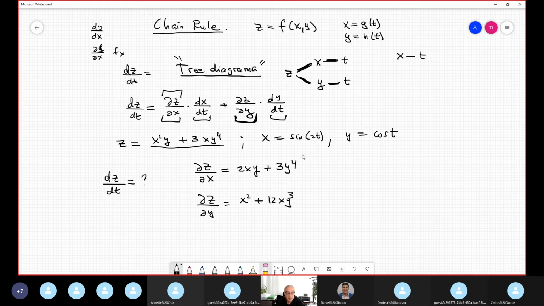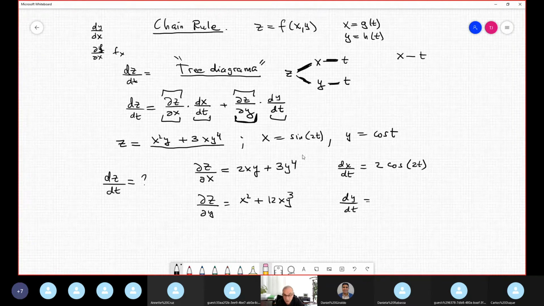Okay, I did that part. Now I compute dx/dt. This is calculus 1: 2 cosine 2t, the classical chain rule. And dy/dt: the derivative of cosine is minus sine.